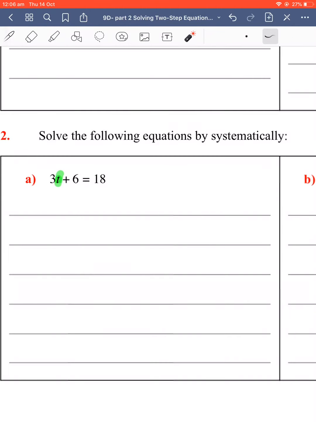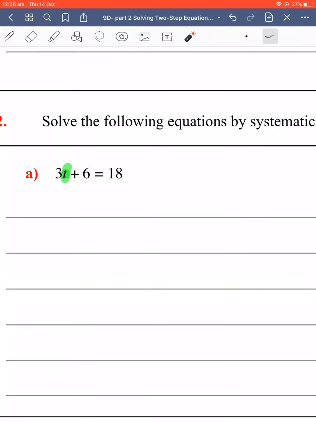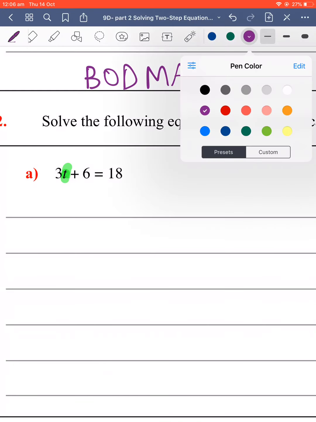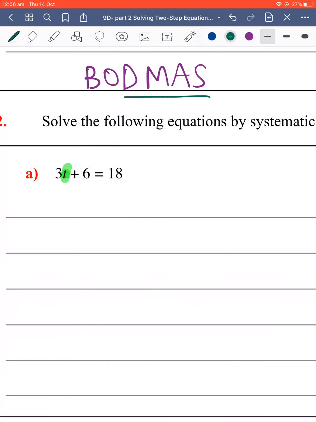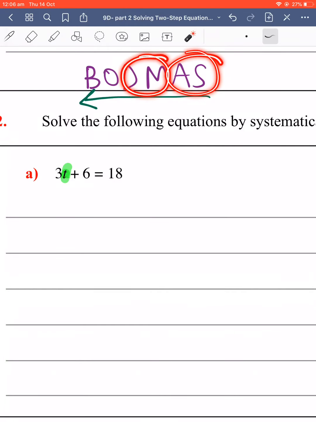Next one, again, let's go for these. Again, stepwise approach. I'm just going to write again my BODMAS. And remember that we are going from our subtraction and addition all that way. So we undo that way, and we use reverse operations.